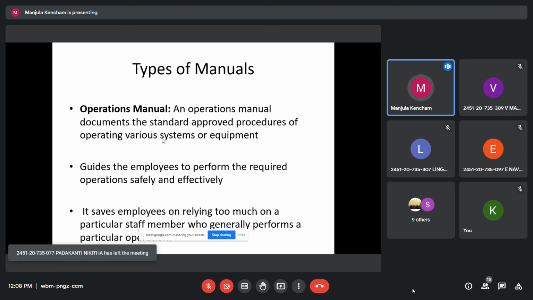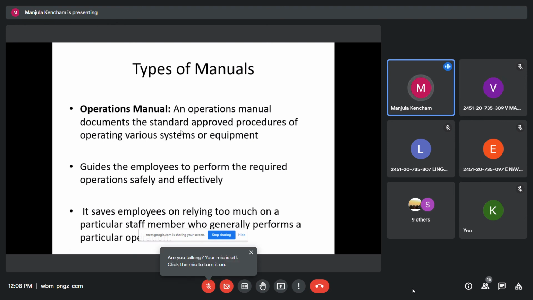It documents the standard approved procedures of operating various systems or equipment. Equipment is known to us as machinery, a piece of a gadget, or something. Systems can include the systems of justice, law, medicine, any kind of engineering field, any kind of science and technical advancements, where a rule book is made readily available for reference.